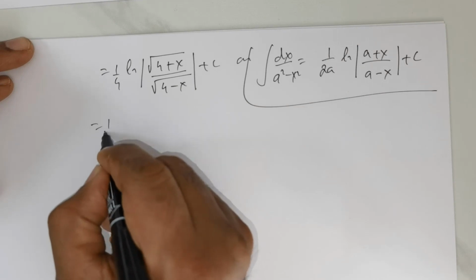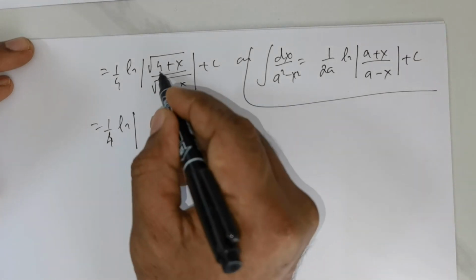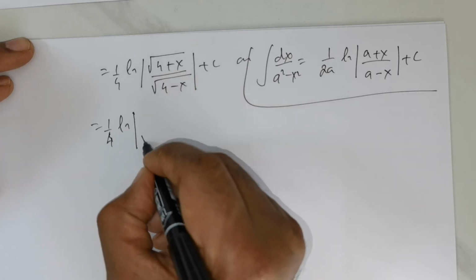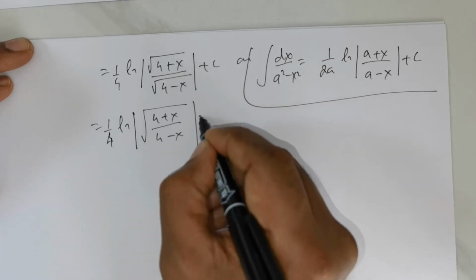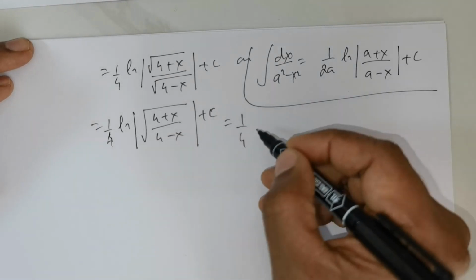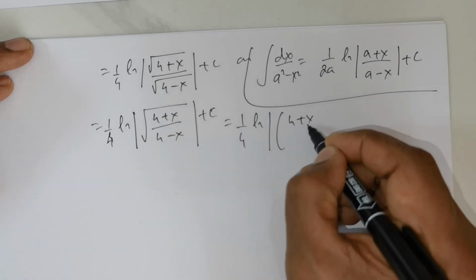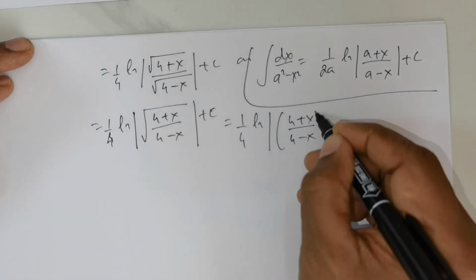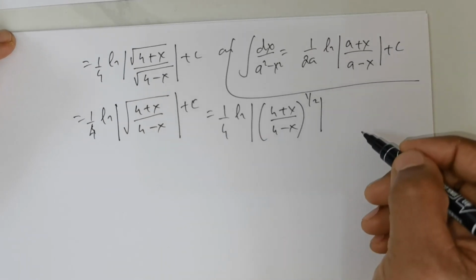Now this is equal to 1 over 4 times ln. Now you have a square root, so can I write it like this: 4 plus x divided by 4 minus x? Yes, I can write it. So now moving forward, can I write this like this: 4 plus x divided by 4 minus x raised to the power of 1 over 2, in modulus?